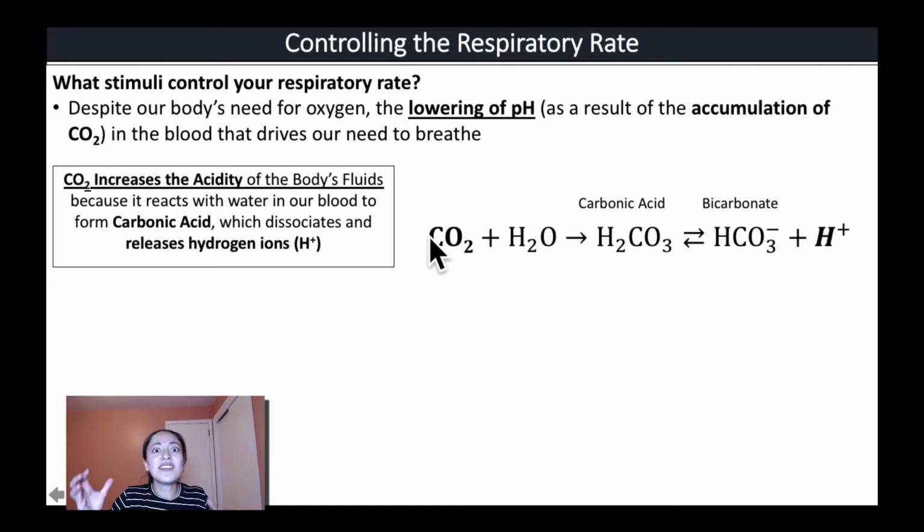Something is considered an acid if it releases hydrogen ions into a solution. And carbonic acid quickly dissociates, which just means falls apart, into a molecule called bicarbonate and releases hydrogen ions.